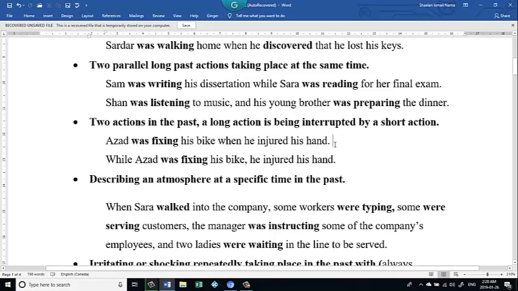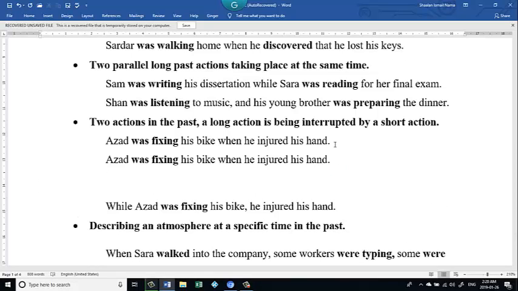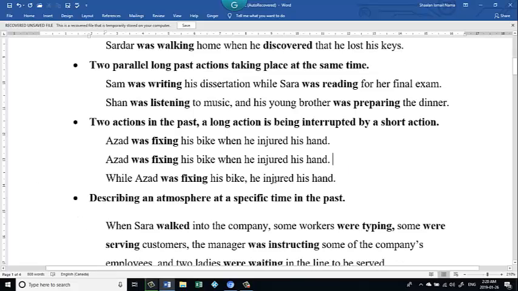If we have a sentence like this, then here we have two clauses, yeah? The first one we call independent, then the second one is dependent. If I have this sentence, it could stand alone, there's no problem. It's a complete sentence. But when I write a sentence like this, because when he injured his hand, then the listener is waiting for me to give him or her more information.